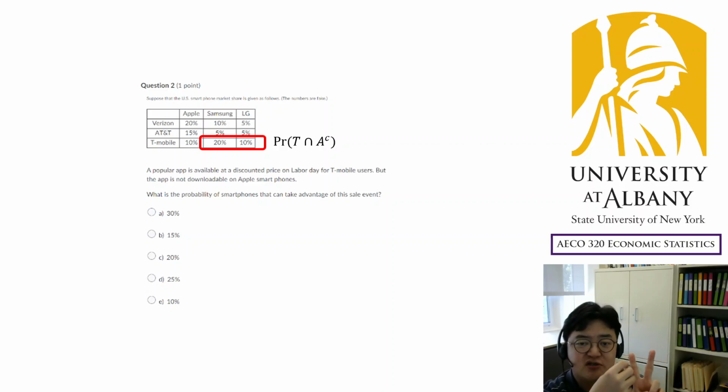These two conditions should be satisfied at the same time. Mathematically, that is connected by this cap intersection: T-Mobile user and non-Apple, Apple complement. The superscript C stands for complement set.